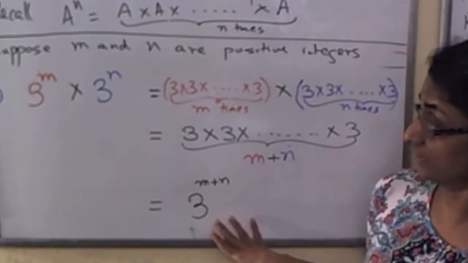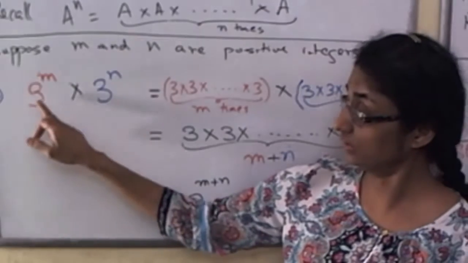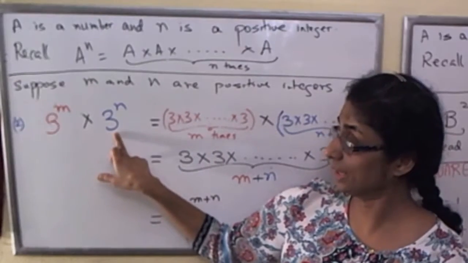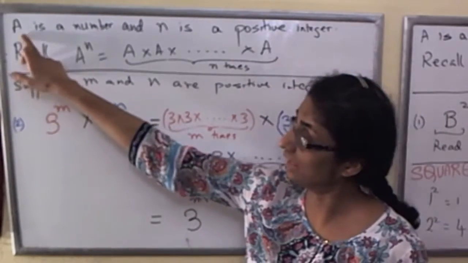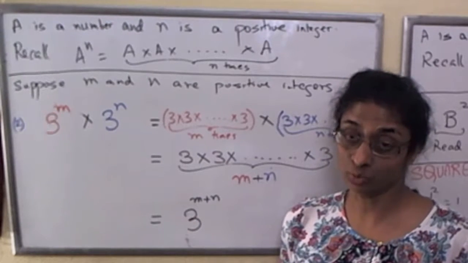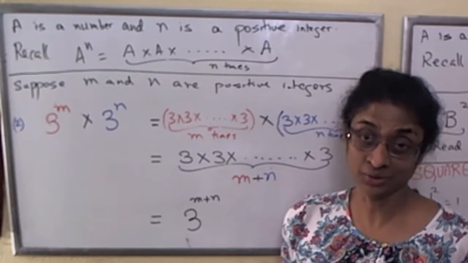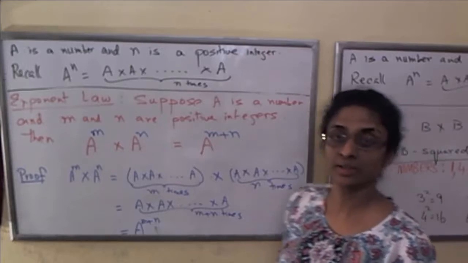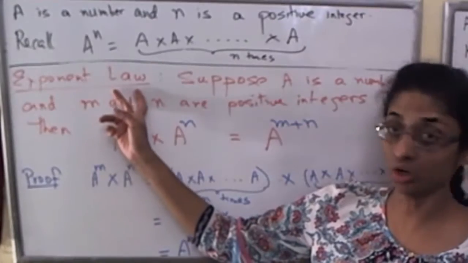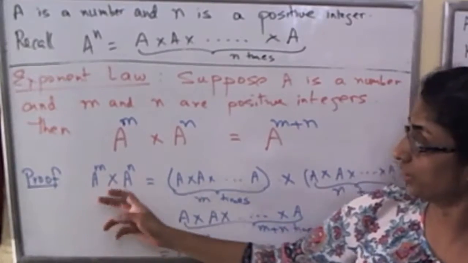Now let's summarize our work, where in the next one I will in fact replace 3 by a letter a, where a could stand for any number, and that would become our exponent law. So let's work on that now. So let's summarize our discussion with an exponent law or a rule, whichever word you prefer, and a proof for it.